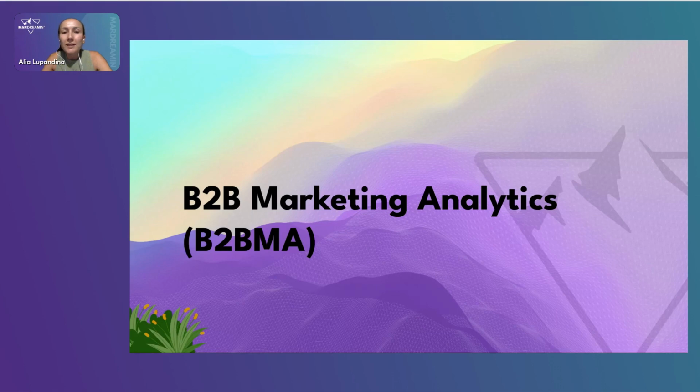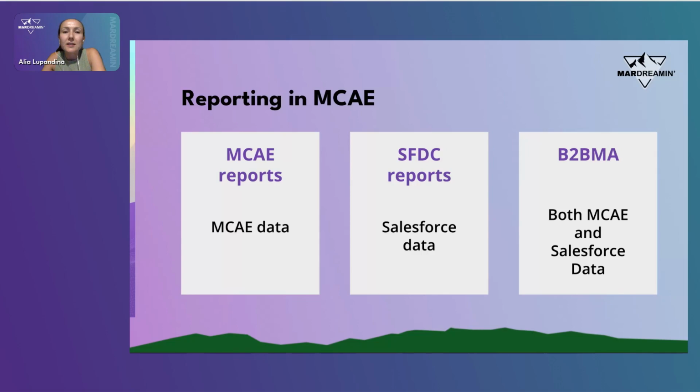So let's dive first to B2B and to marketing. When speaking about reporting in Account Engagement, in Pardot, right, we have Marketing Cloud Account Engagement reports, that are standard reports. Then we have Salesforce reports, and they are based on Salesforce data.